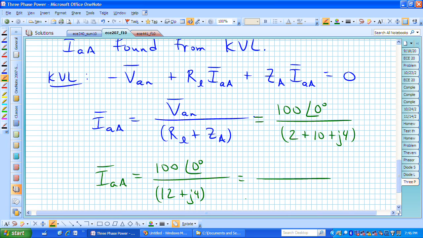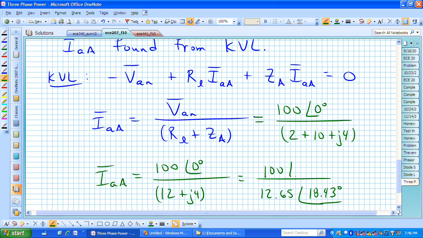It's probably easier to convert the denominator from rectangular form to polar form. Doing that, we end up with the magnitude of that complex number being a little bit bigger than 12, or 12.65, and the angle is the inverse tangent of 4 over 12, or the inverse tangent of 1/3, and that gives us 18.43 degrees.